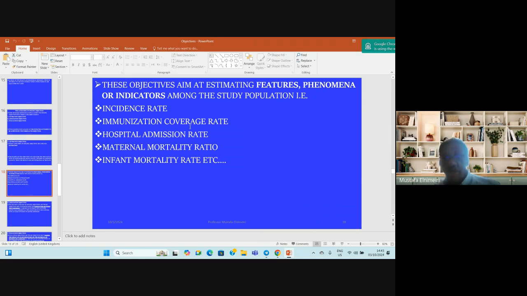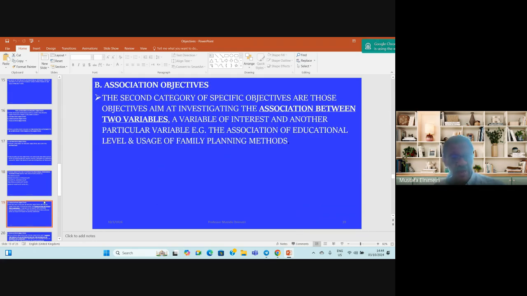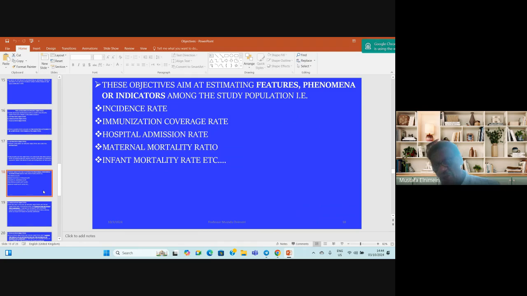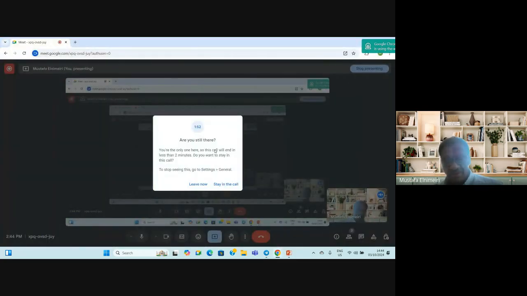These objectives aim at estimating features, phenomena or indicators such as incidence rate of schistosomiasis, immunization coverage rate among under 5 children, hospital admission rate, maternal mortality ratio, infant mortality rate, case fatality rate, etc. Thus, everything that you try to measure or estimate should come within the specific objectives.